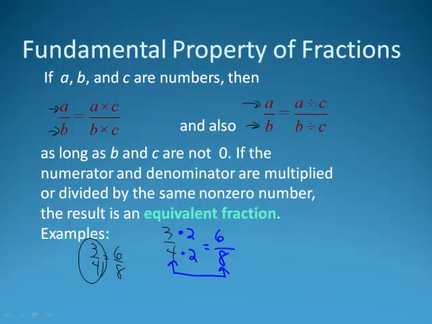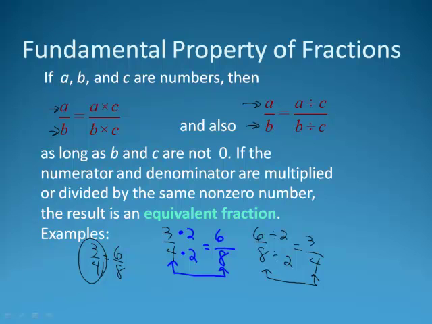If we were starting with numbers that could both be divided evenly by a number, for example, if we took 6/8 and divided top and bottom by 2, that would give us 6 divided by 2 is 3, 8 divided by 2 is 4. Again, the same equivalent fraction, using division of the numerator and the denominator instead of multiplication. And you could do that with any number you wanted to.